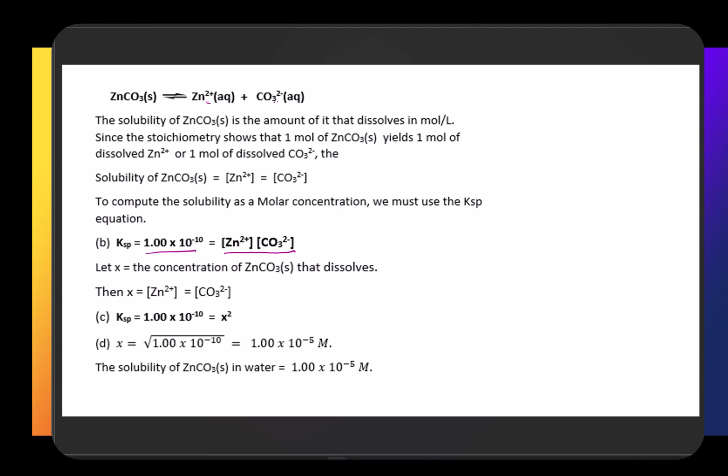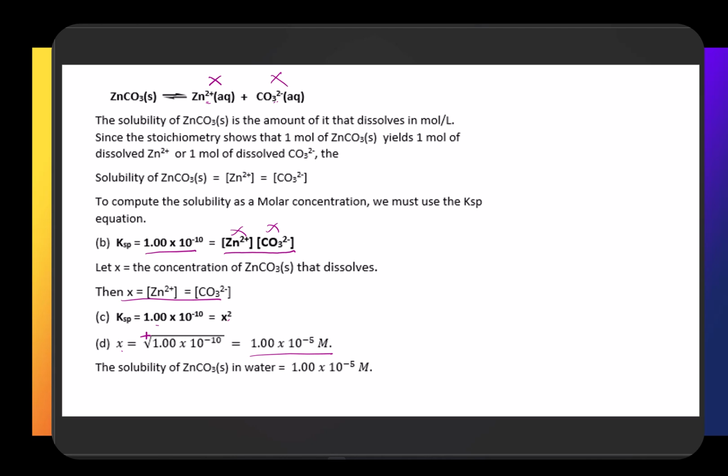So we let one of them equal X moles per liter, then the other is going to be X moles per liter as well. We can take this expression, substitute X twice, and we get the KSP equals X squared. We take the positive square root of the KSP and we compute X, which is 10 to the -5 molar.